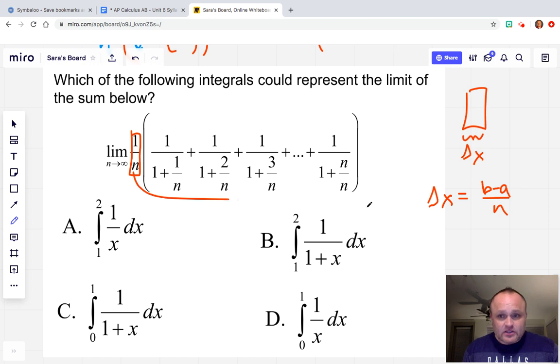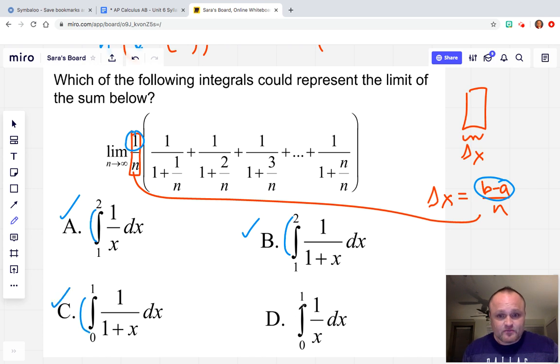This n does match up with this, and we're going to know that the jump of b minus a, the top minus the bottom, will have a jump of 1. So 2 minus 1, that satisfies it. This one satisfies it. 1 minus 0 satisfies it. And 1 minus 0 satisfies it. All of them show a jump of 1.